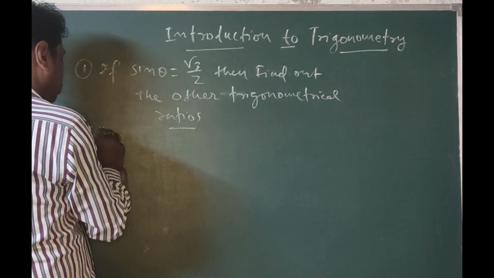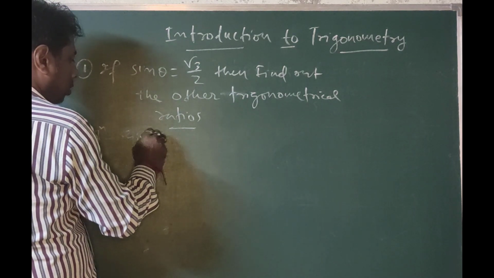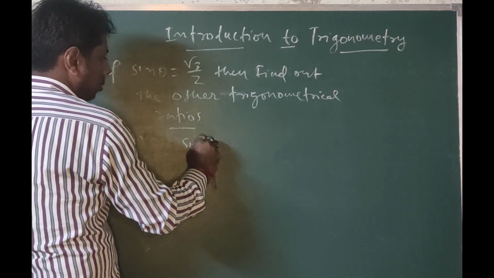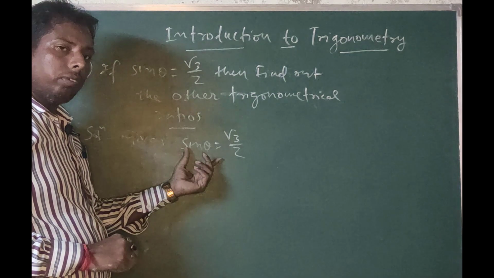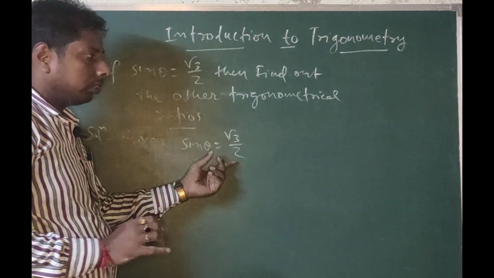So, given sin theta equals root 3 by 2, and we have to find out the other ratios from this.